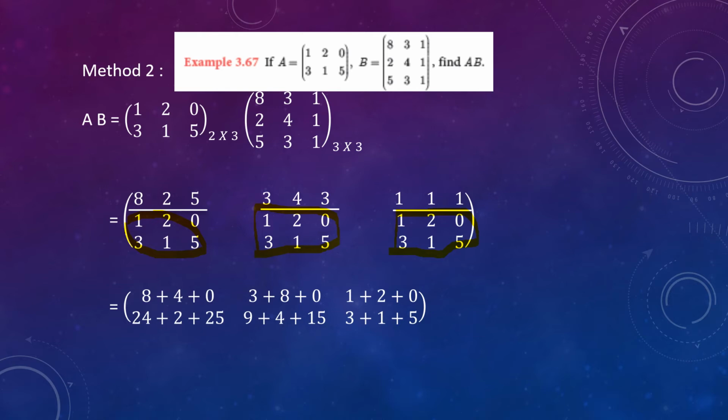So 8, 3 8s are 24, 2 1s is 2, 5 5s are 25. Here 3 3s are 9, 4 into 1, 4, 3 5s are 15. Here 1 3 is 3, 1 1 is 1 and 1 5 is 5. Then we have to add these numbers to get the product value.